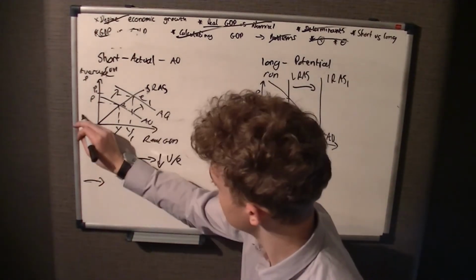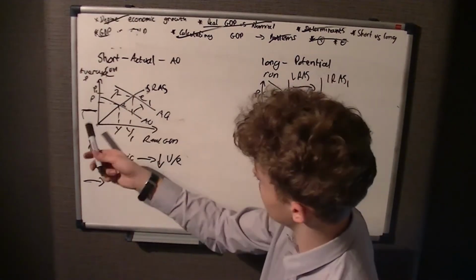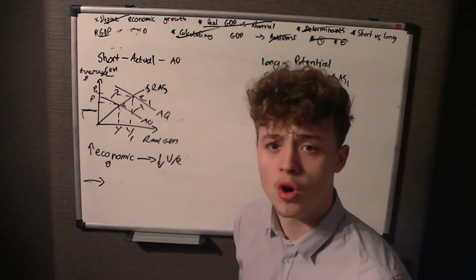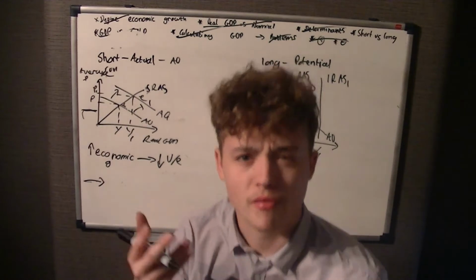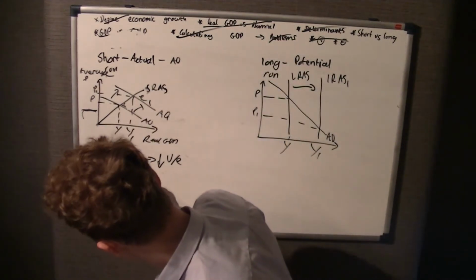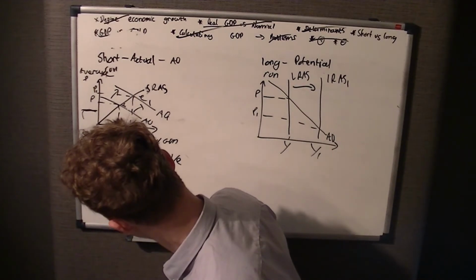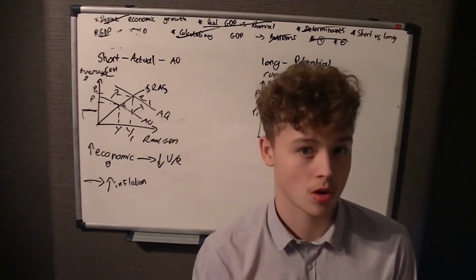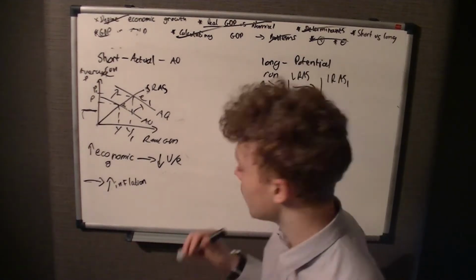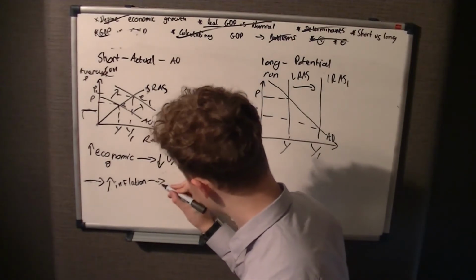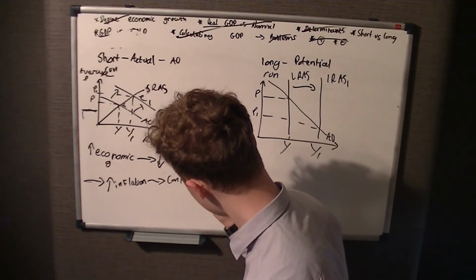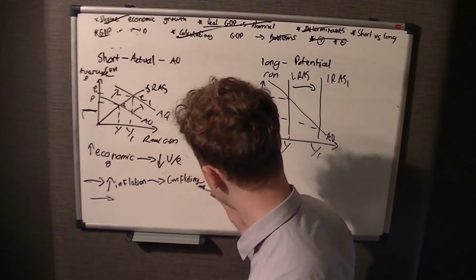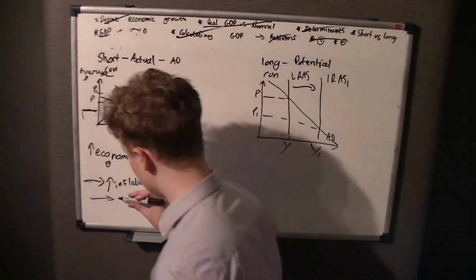But if we look at the average price level, it's actually increased from P to P1. And as we said before, an increase in price is an example of inflation. So we have an increase in inflation. Obviously, you'd need to express this in real terms in your answer. I'm just giving you a quick overview. So, increase in inflation, and that means conflicting objectives, and this means a decrease in net exports.